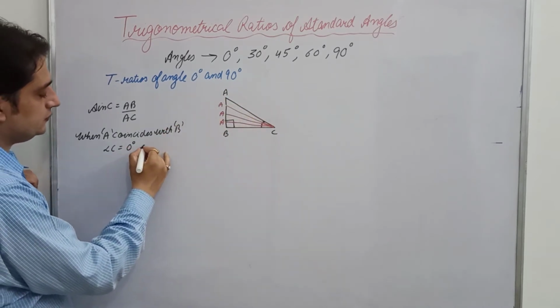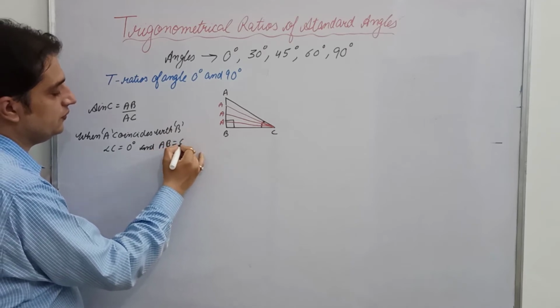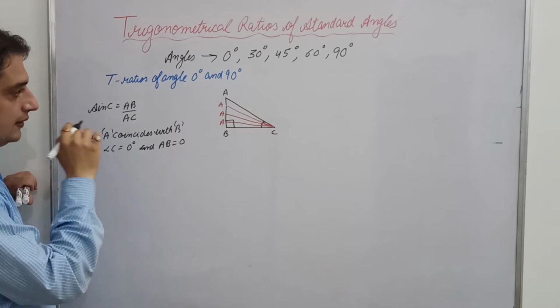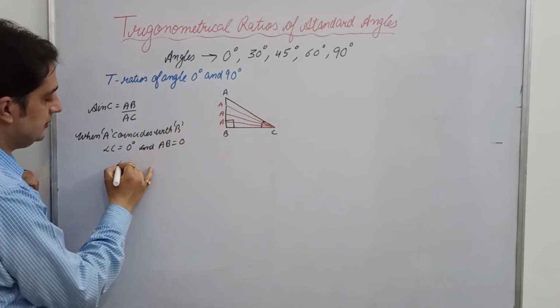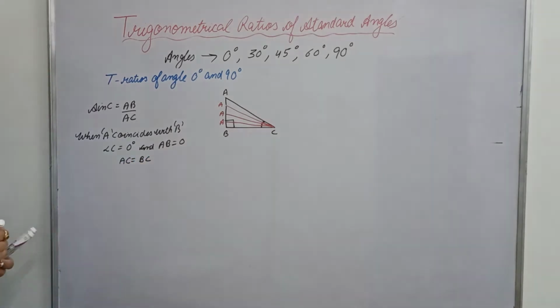And you see the length of AB is 0 because the two points coincide, and the length of AC is equal to the length of BC. Now you can put the values here.